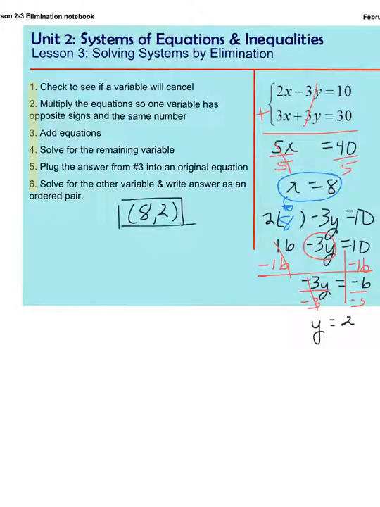Now just to review another concept, since we're not graphing, if we have a solution, that means that the lines must be intersecting. So I know I have intersecting lines.